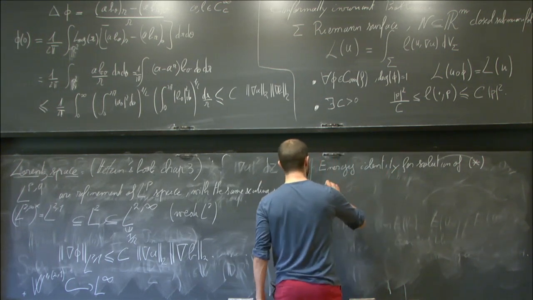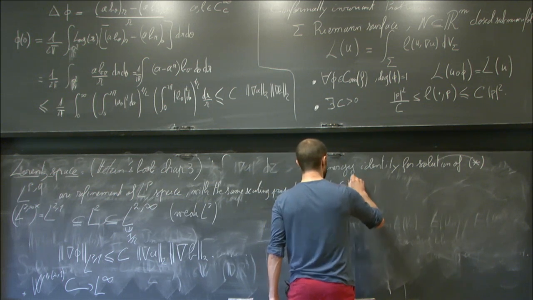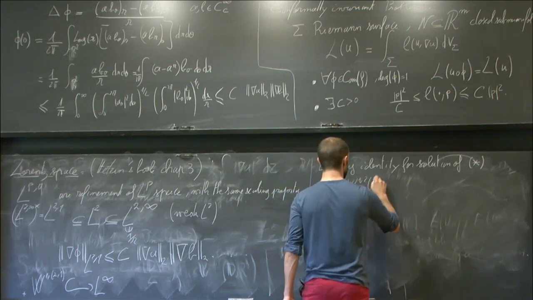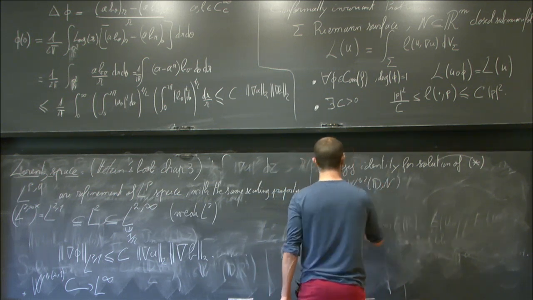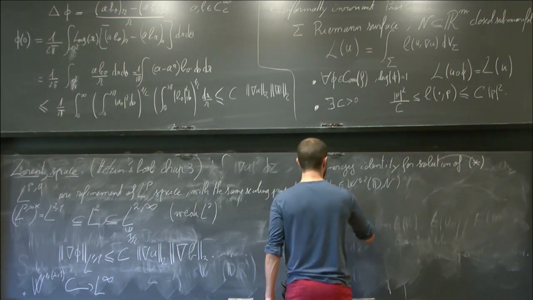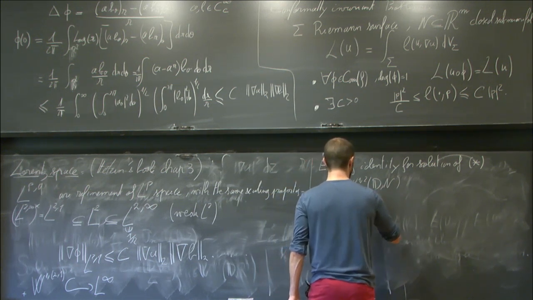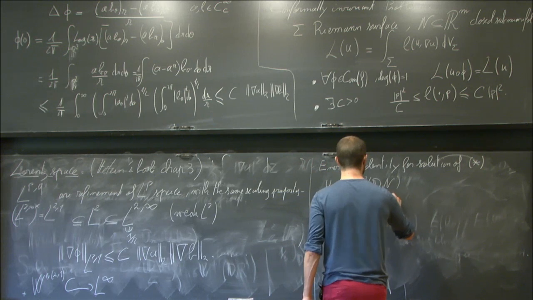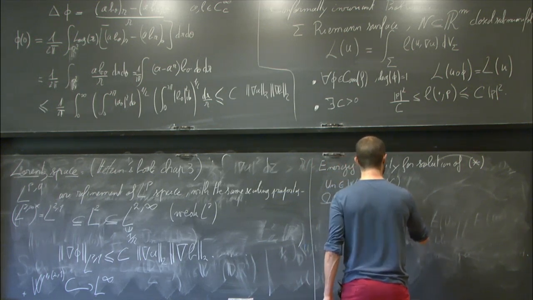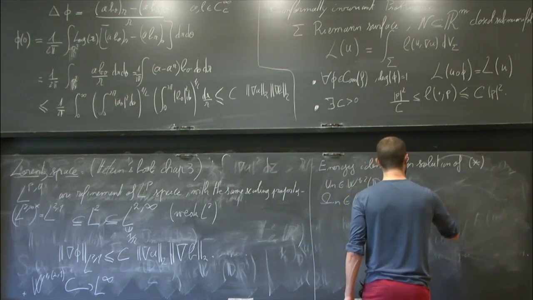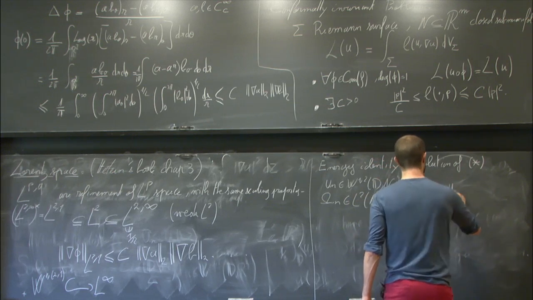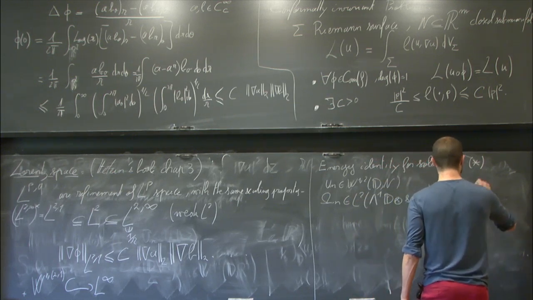But I take u_n in W^{1,2} of the disk, which takes values in R^n, and Omega_n in L^2, a one-form which takes values in the space of antisymmetric matrices, and such that, of course, the energy is bounded.